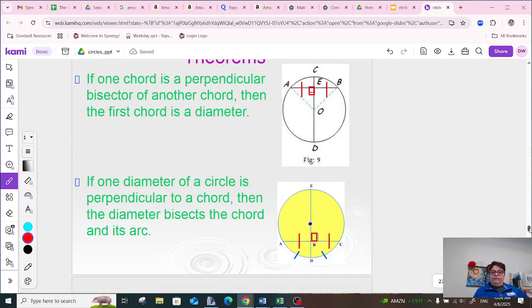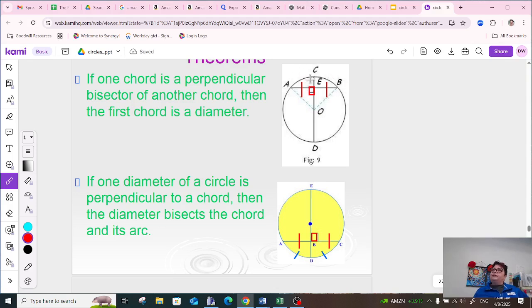Okay, so if one diameter of a circle is perpendicular to a chord, then the diameter bisects the chord and its arc. So I think this is the first time we talked about arcs. An arc is part of the outside of your circle. So see here how AB is an arc.